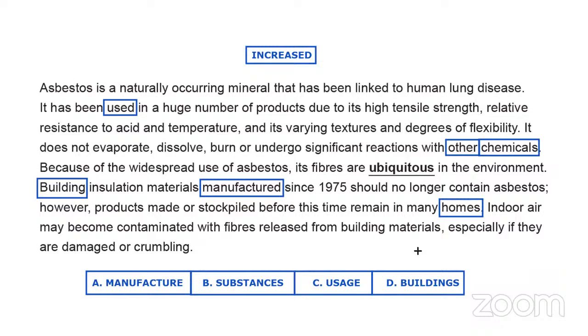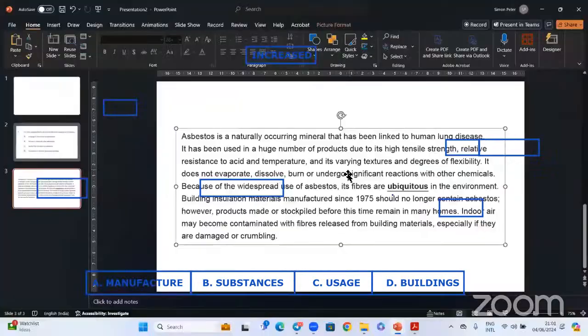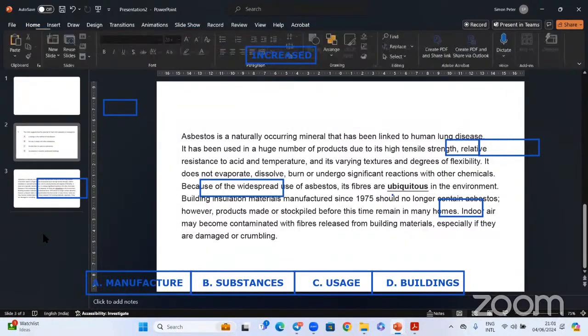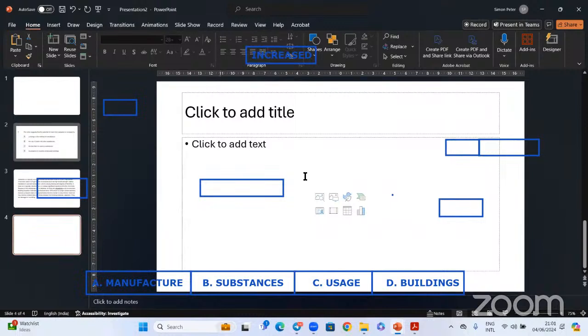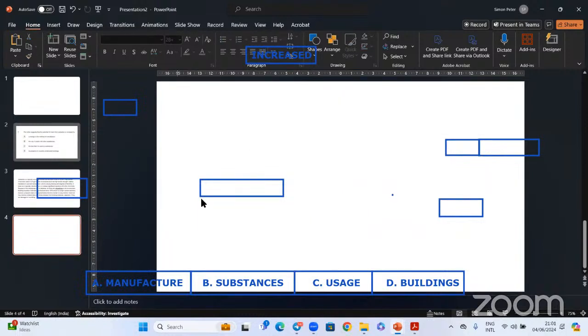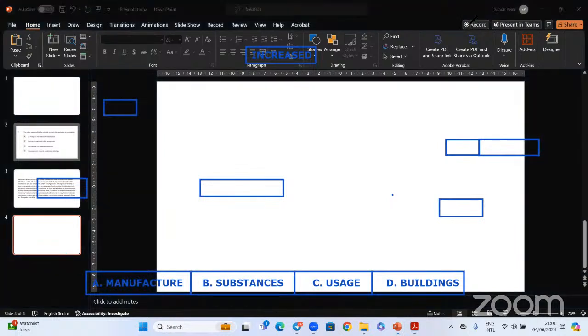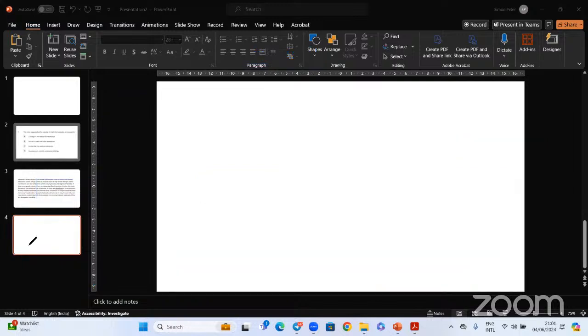So these words, now we are going to bring this sentence here. We are going to bring both of them together, right?